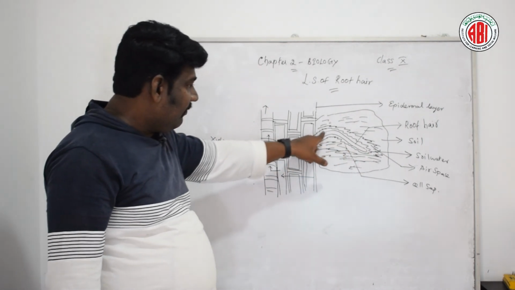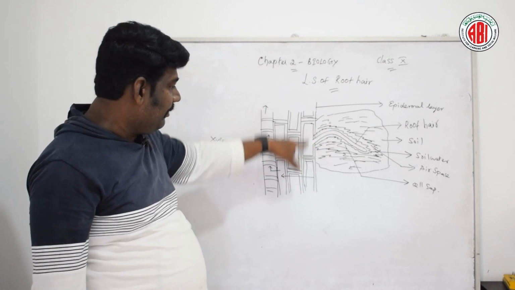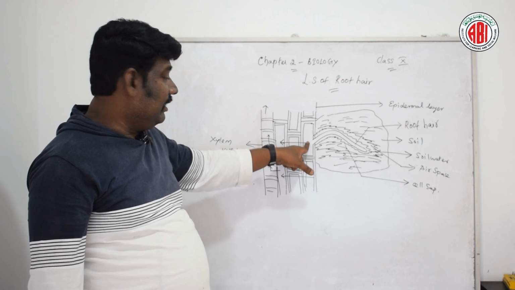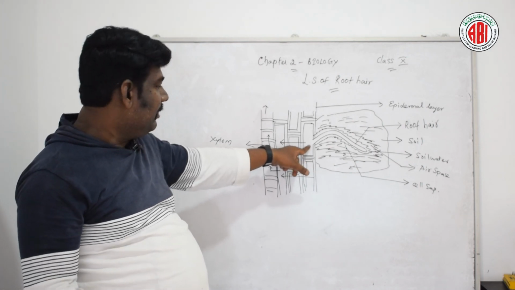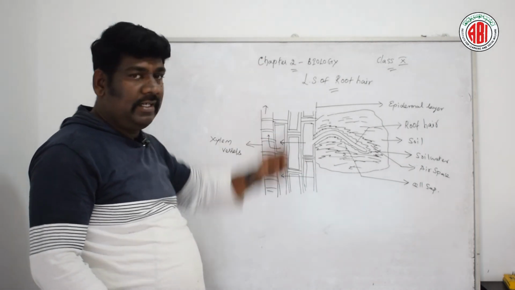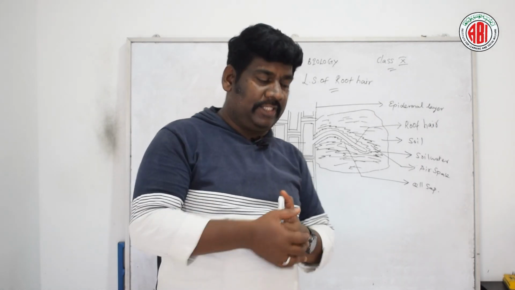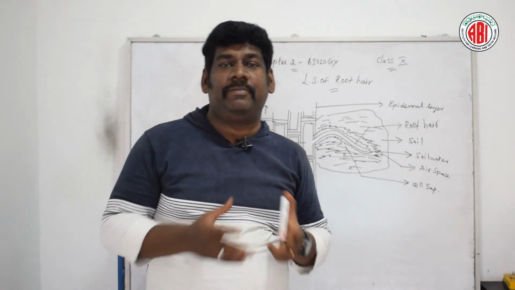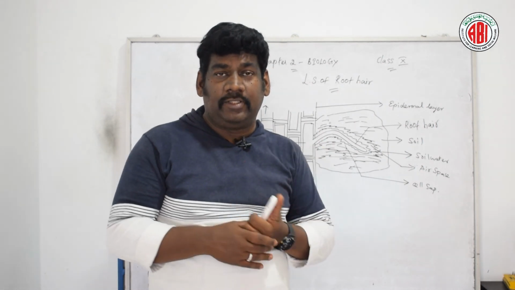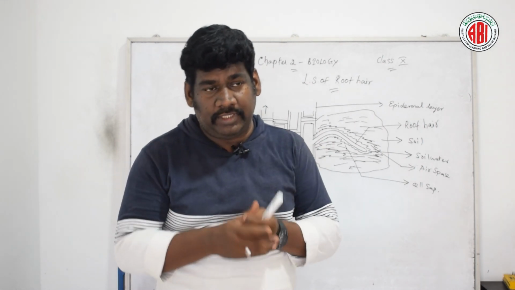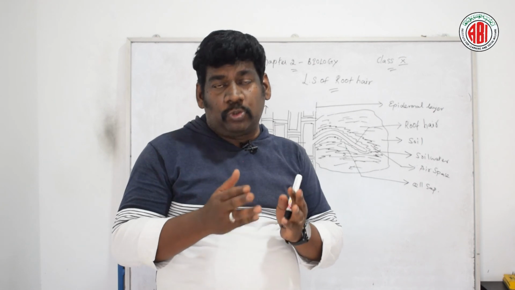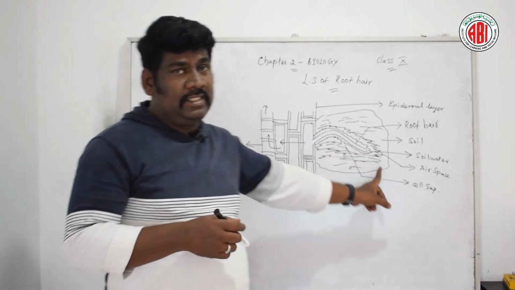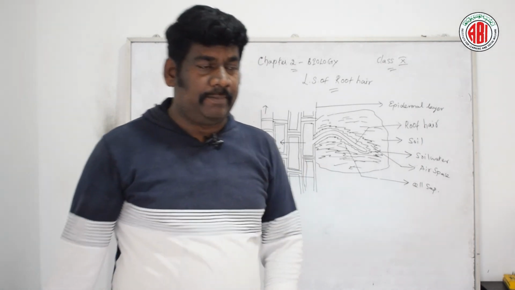Through that the water is absorbed and passes from the epidermal cells to the xylem vessel for conduction or transportation. This is one of the most expected diagram based questions. They may ask a question like LS of root showing the relationship between the root hair and the soil water.